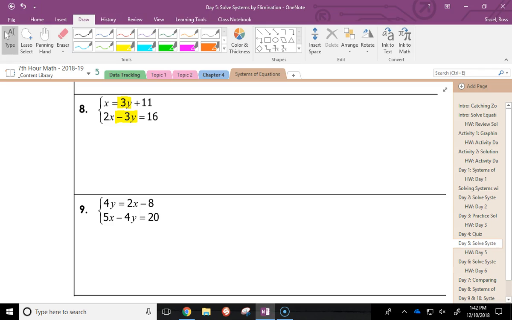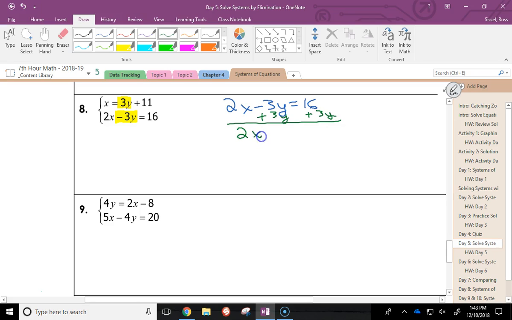So it's x equals 3y plus 11. I would take this second equation, 2x minus 3y equals 16, and I would add 3y. Now I have 2x equals 3y plus 16. And I can copy this one.